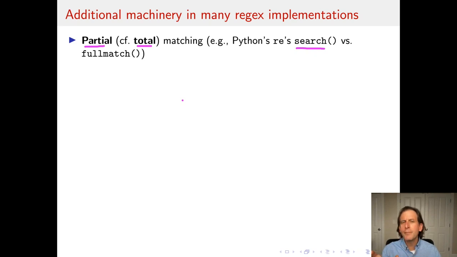It looks for any substring of the string that you're trying to match that will match the regular expression that you give it, whereas fullmatch requires a match to the entire string. The formal properties we're going to be interested in will basically correspond to full match. But just be aware that the more common usage in practice is partial match, when you're actually using regular expressions in text processing.